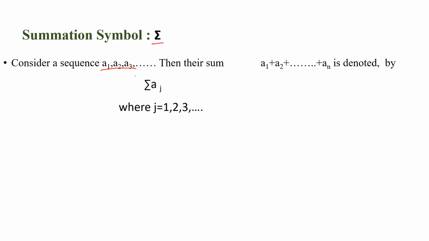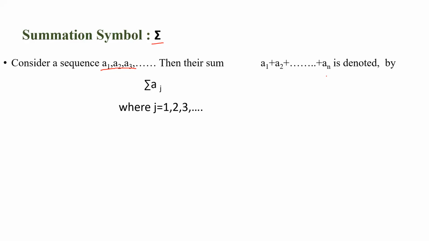If I want to find the sum of n numbers, it will be like A1 plus A2 plus etc. and then plus An. This will indicate that it is a series. I'm finding the sum of the series from A1 to An.